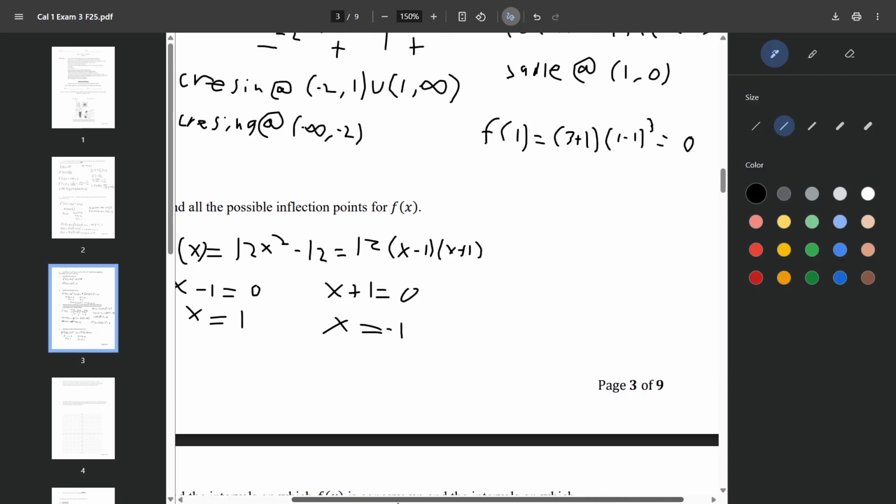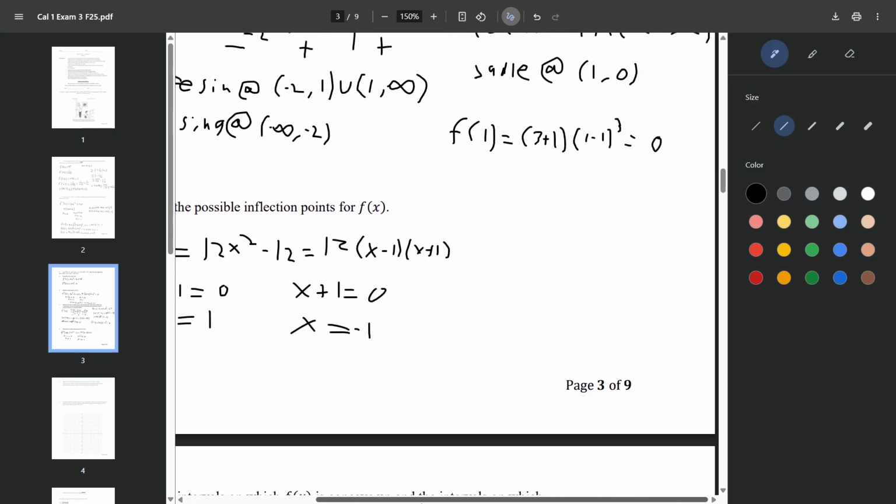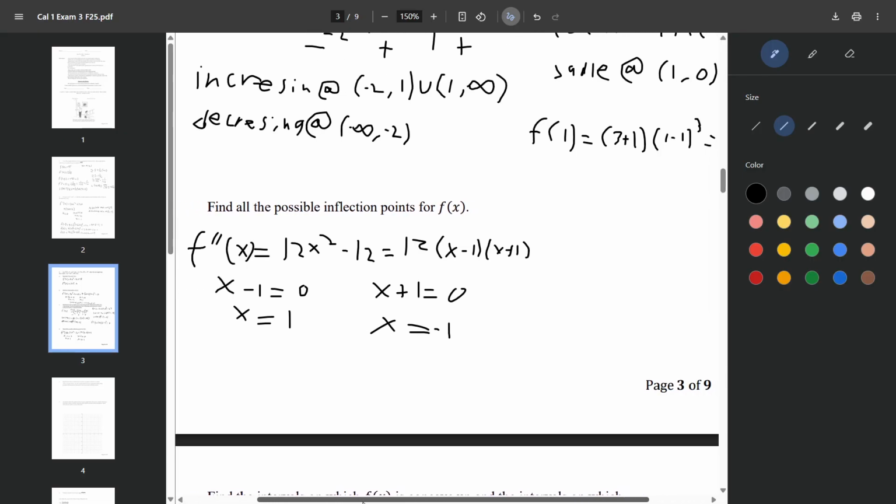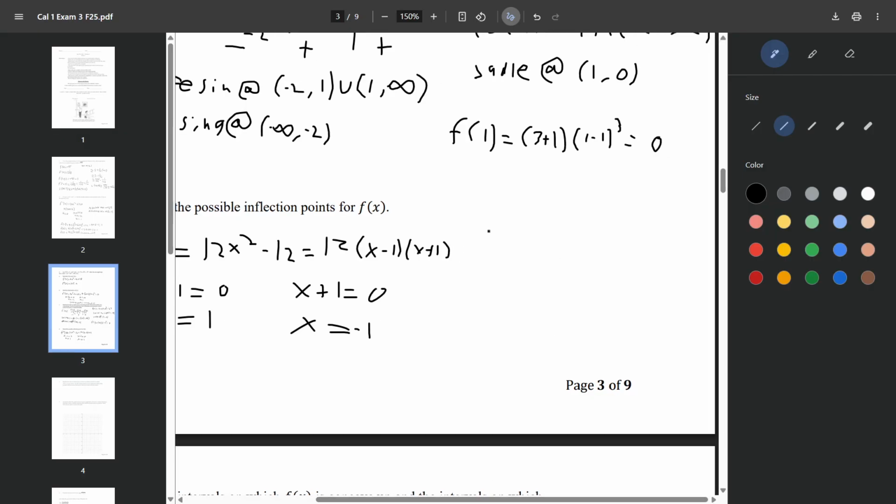Now, what we also need to do is to calculate where the inflection points are going to be. So we're going to calculate for f of negative 1. And f of 1 we already have. It's 0 because of our previous question.